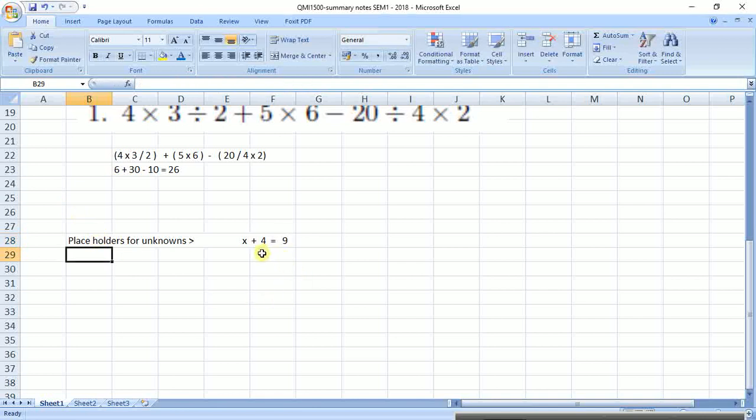What would x be? 5. Exactly. So x is 5. Why is x 5? It makes that statement true. So it's just a placeholder. It's saying something plus 4 will give me 9. What is the something?